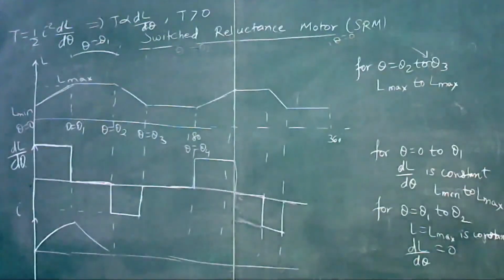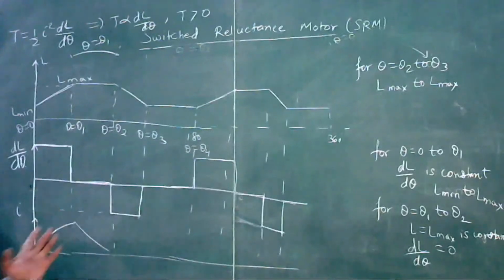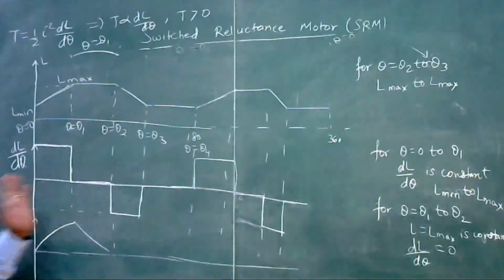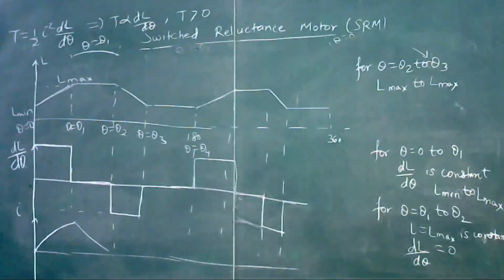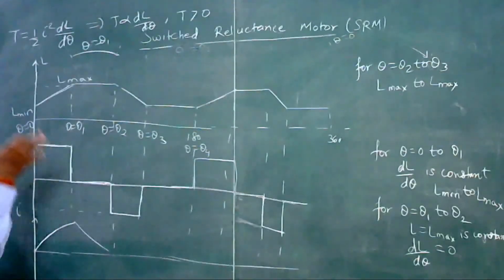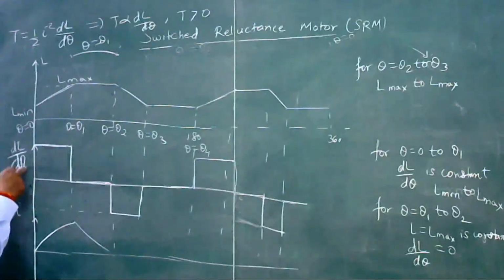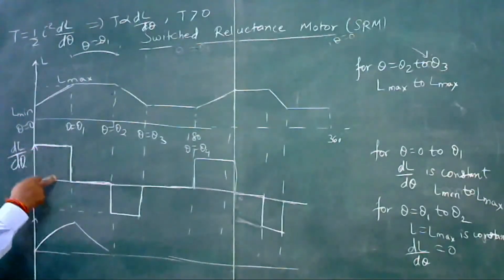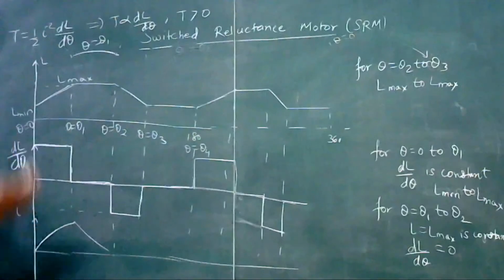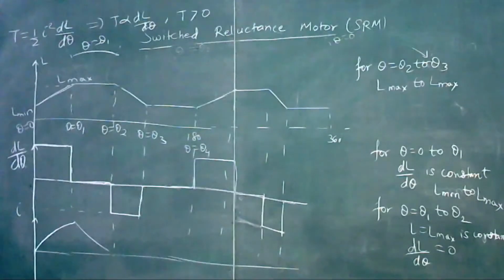So this will give regenerative braking operation. That's why we always switch on the current when dL by d theta is positive to get positive torque.